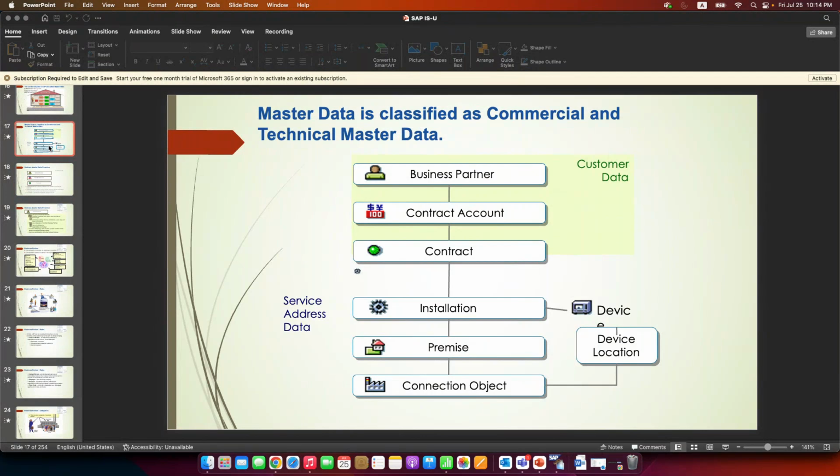Because I think we already discussed technical master data, right? In the technical master data, we have connection object, premise, installation, device location, and a device. Connection object and a premise together, we call it a service address, and a service address will have installations, and each installation represents a service.